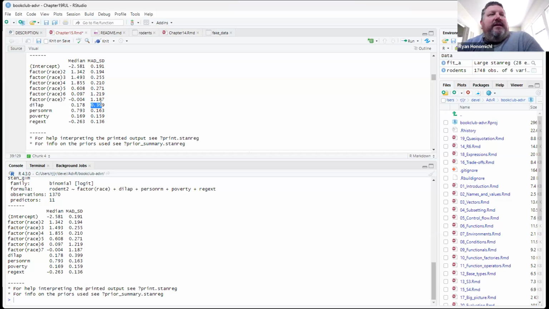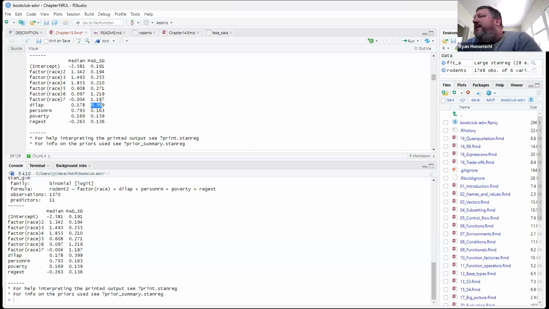2.21. So basically, if for every, actually, I don't know, maybe it depends on how the variable is set up, right? Are we saying for every single person increase, that's what we're saying for the log odds? Yeah, that's right, because if you exponentiate 0.793, you get 2.21.